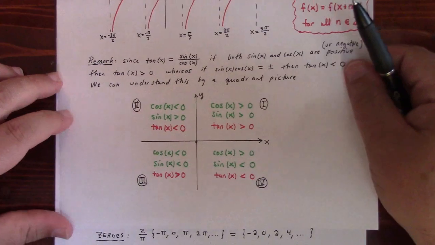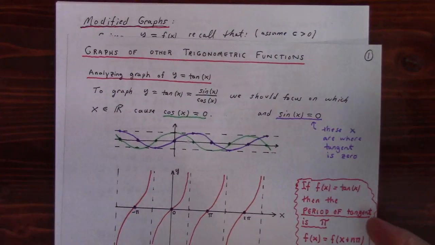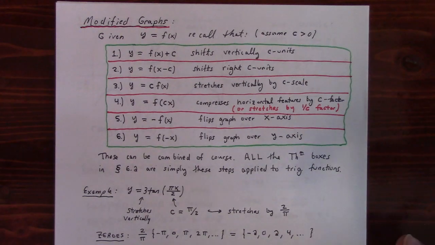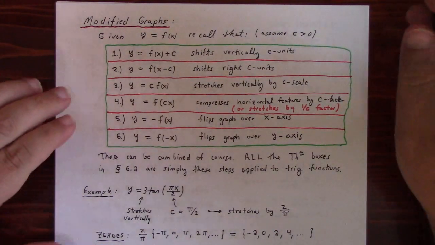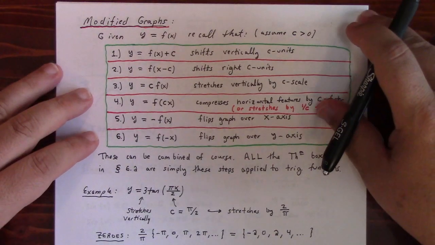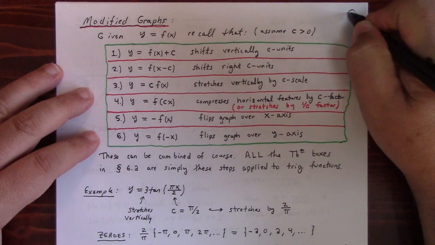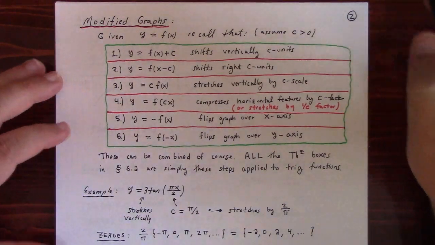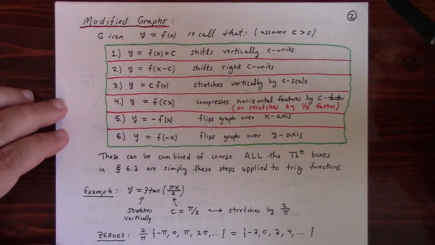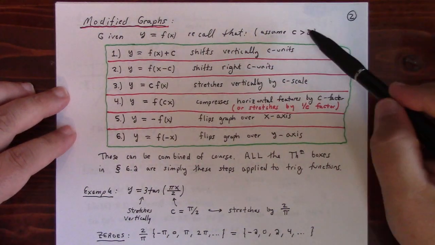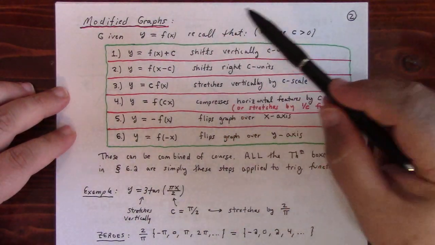All right, so let's look next at, let me just remind you of the story of modified graphs. So much of section 6.2, when you get right down to it, is just applying the principle of shifting or modifying graphs to the context of trig functions. So I would just remind you, assume c is positive, we're given a graph f of x.